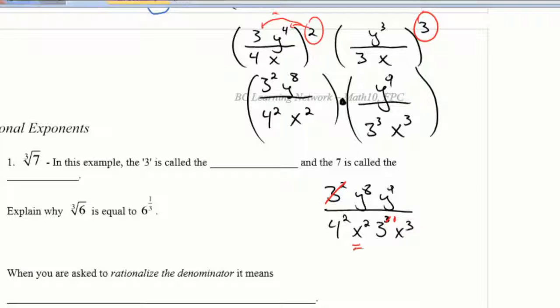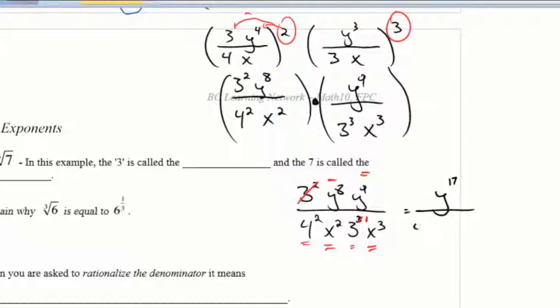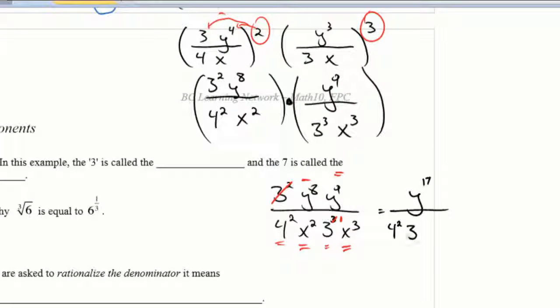I have 2 x's, which I can add to these 3, and I have these y's, which I can add together. And then I have a 4 and a 3. So I'm going to do a few things here. I'm going to add my tops together. So 8 and 9 gives me 17. So y to the 17. On the bottom, I have 4 squared, and I multiply that by 3, and then x to the 5.